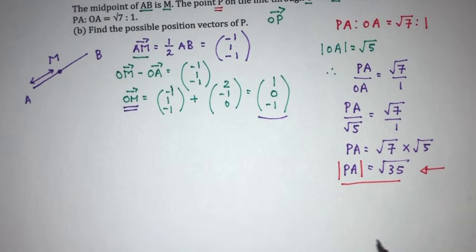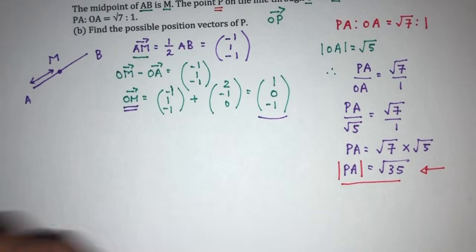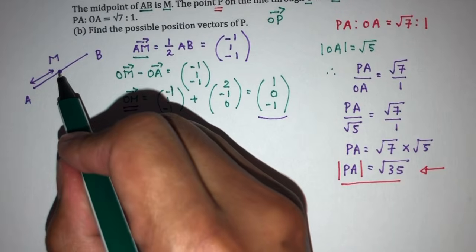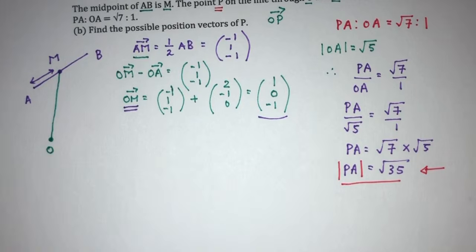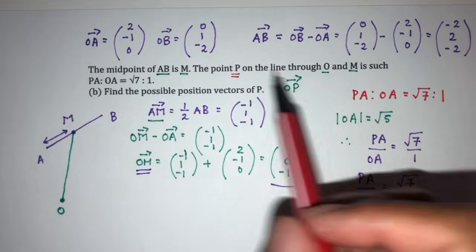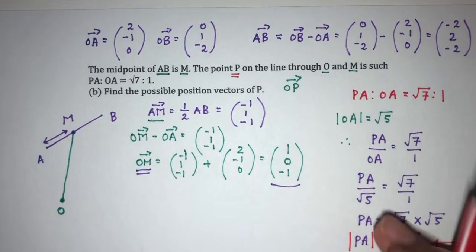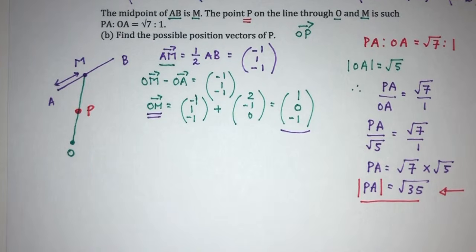Now, one thing we can form from this: we are told that we have the line through O and M, and P lies on the line through OM. So let's say P lies over here. When we have three collinear points, we can form an equation.